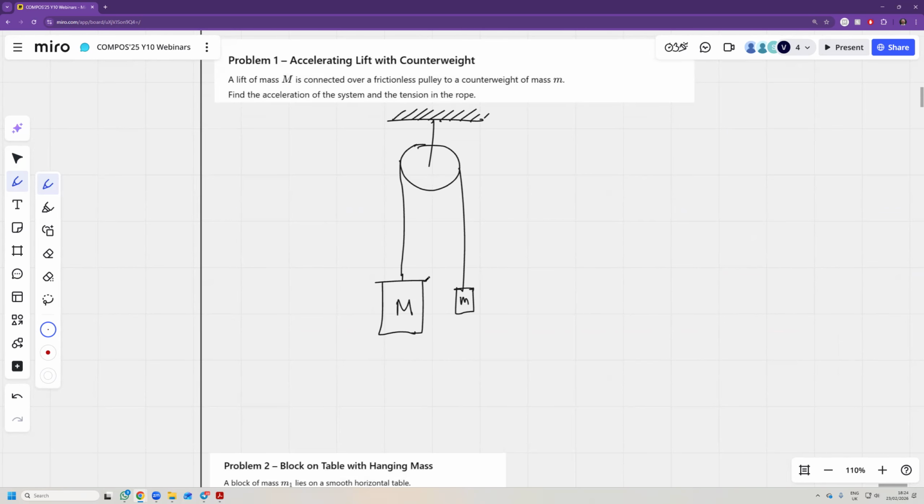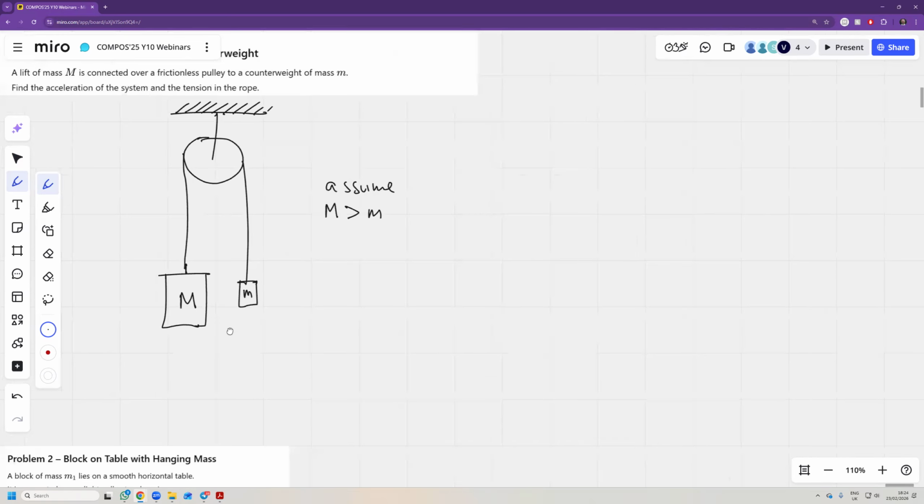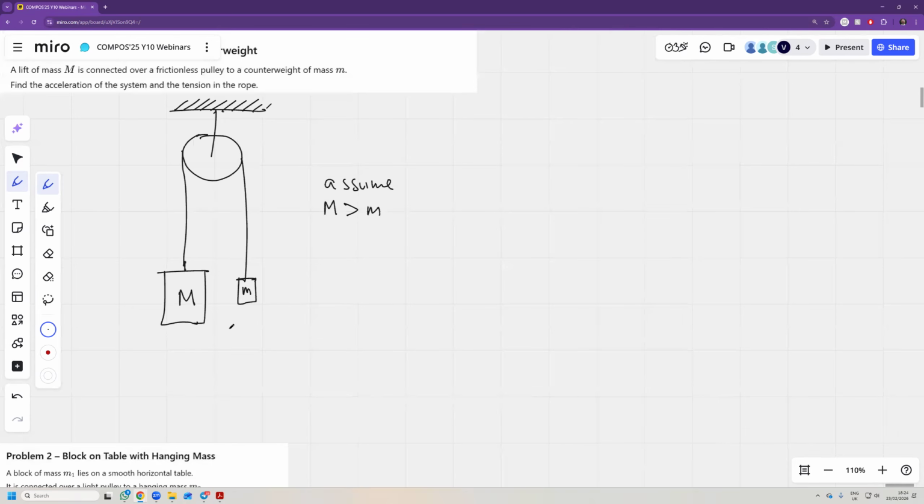And we just let go, which hopefully never happens in real life. You don't allow lifts to go accelerating without any friction or safety mechanisms. But anyway, assume this one's greater. In these problems, it is very important to follow a set algorithm, because otherwise it gets really confusing.